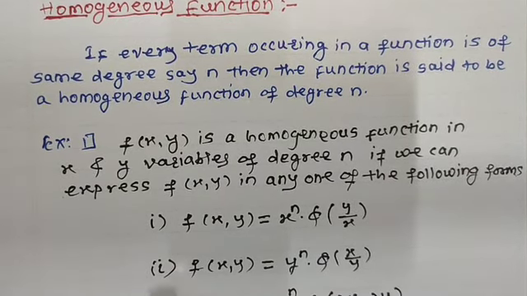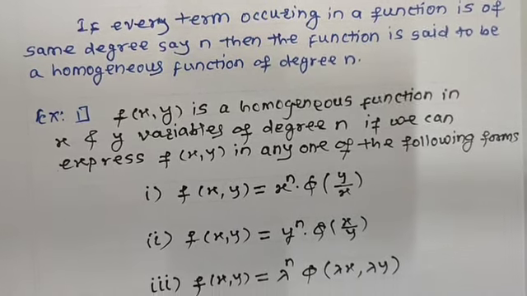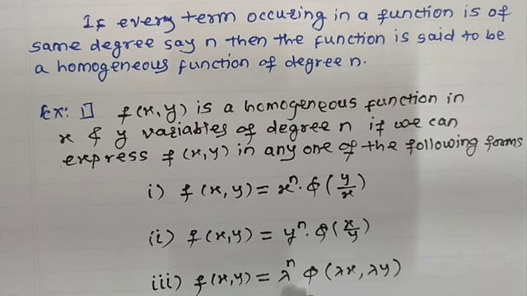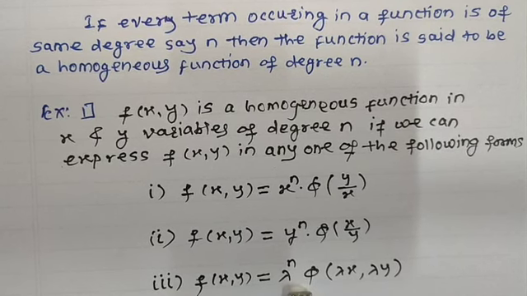Then form number 2, if we express function f of x y in the form of y to the power n phi of x upon y. Okay, and third form is if we express function f of x comma y in the form of lambda to the power n phi of lambda x comma lambda y. Okay, in third form you can easily apply third form to get the degree of that homogeneous function.